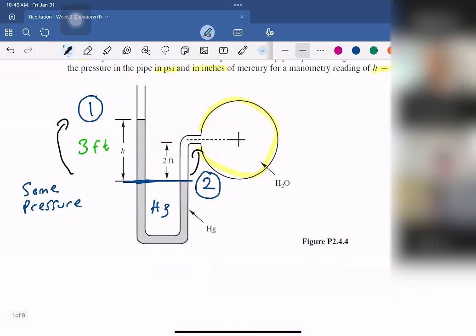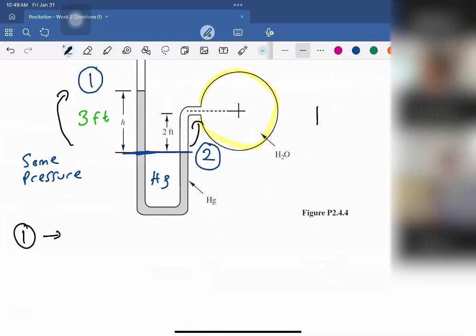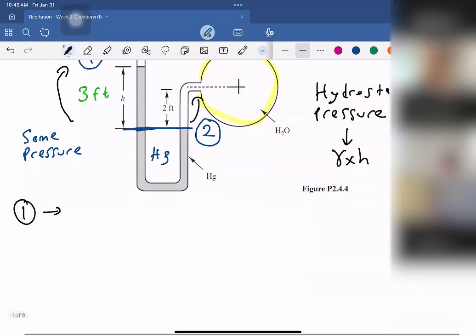So if we start from left-hand side, hydrostatic pressure is gamma and H. So on the left-hand side, we have 3 feet times specific weight of mercury.